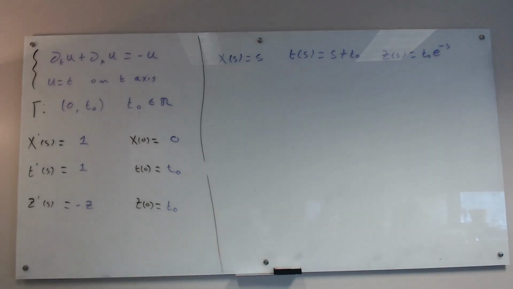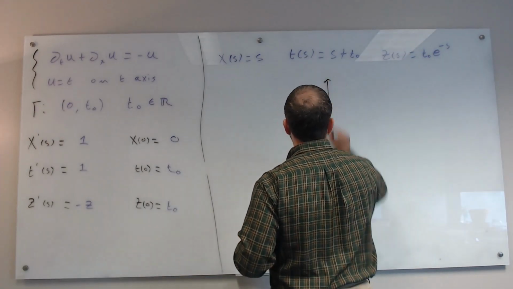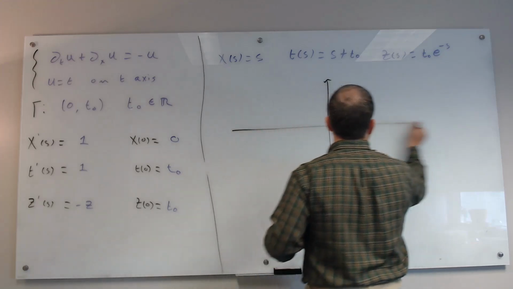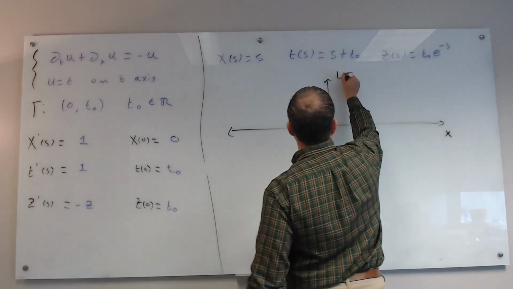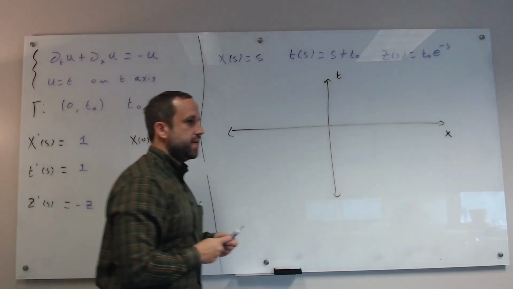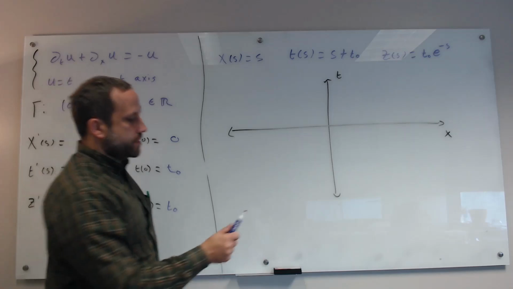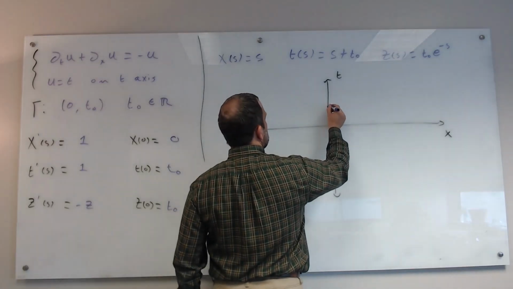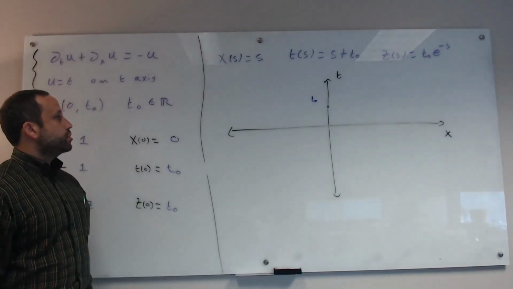And so let's sketch some of these characteristics. This is the x-axis. This is the t-axis. Okay, so for a generic t naught here, let's call this t naught. We're going to have a slope.